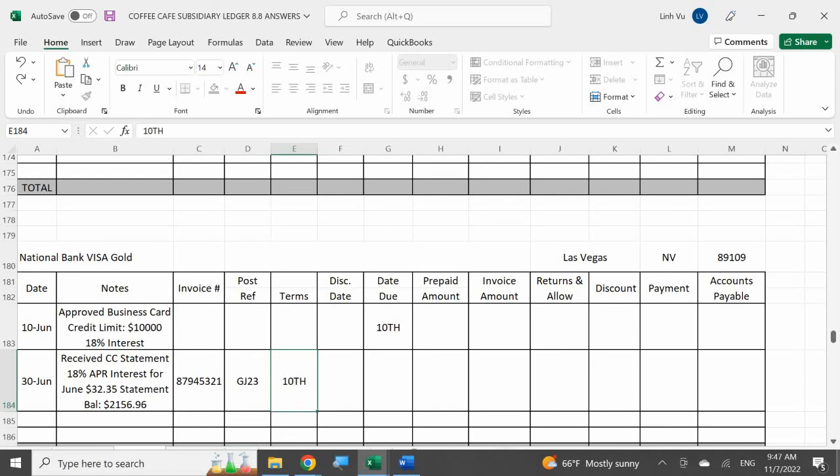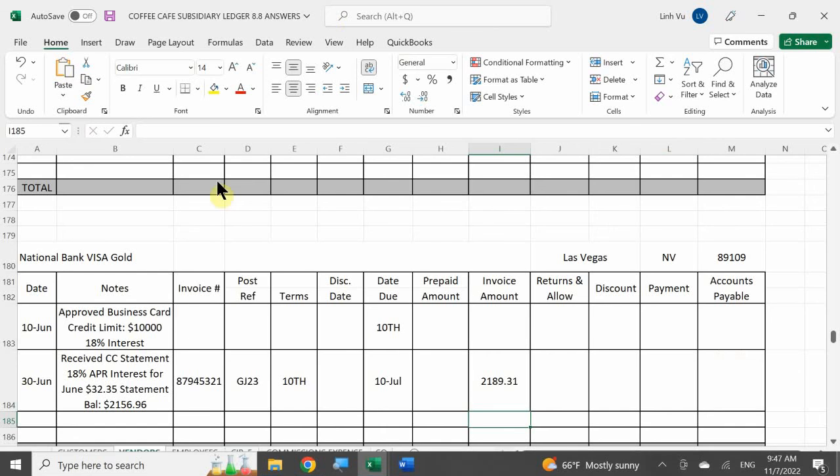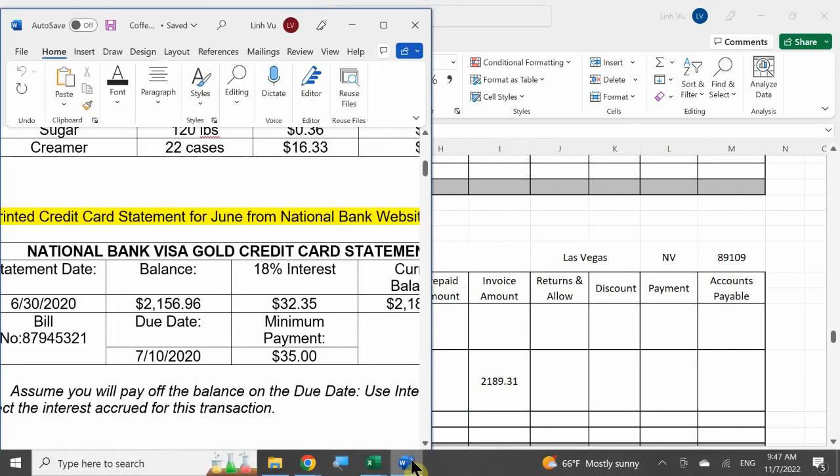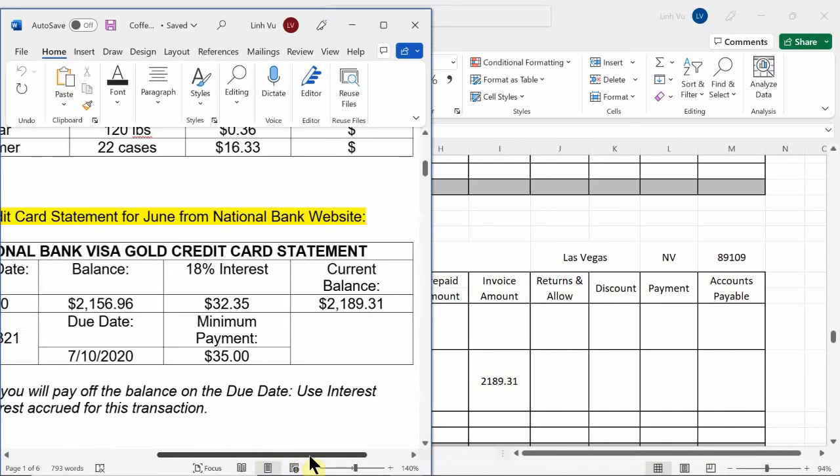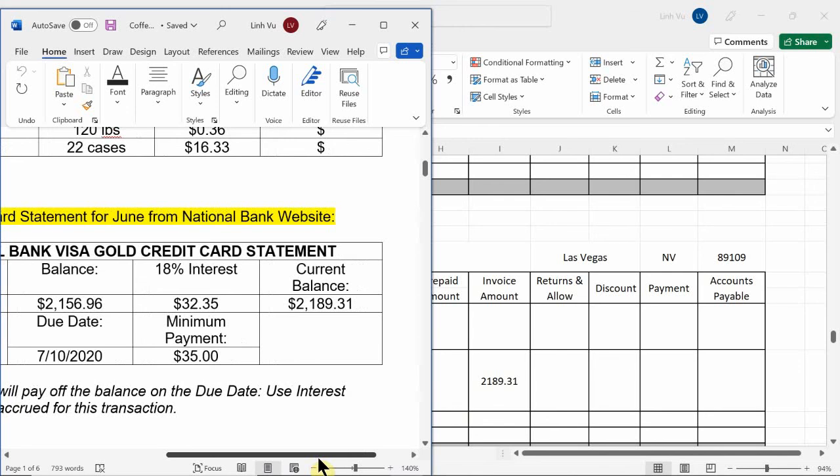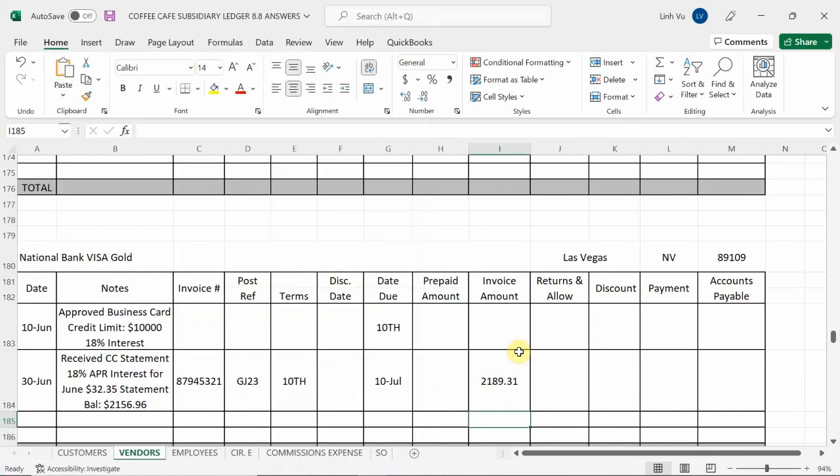So that means this bill is due on July 10th, for the grand total amount of $2,156.96 plus that $32.35, which is $2,189.31. That is what you owe to National Bank Visa, which includes both the payment to the credit card and the interest, because you owe National Bank for both of those charges. So therefore, you're going to report the total amount here.